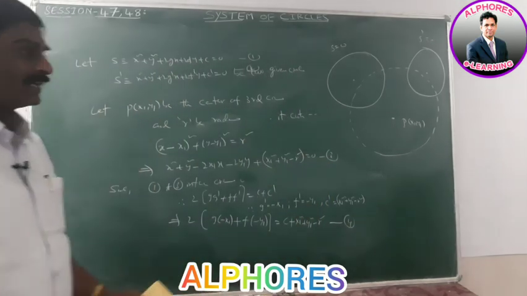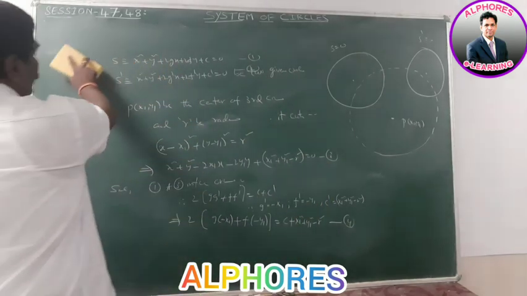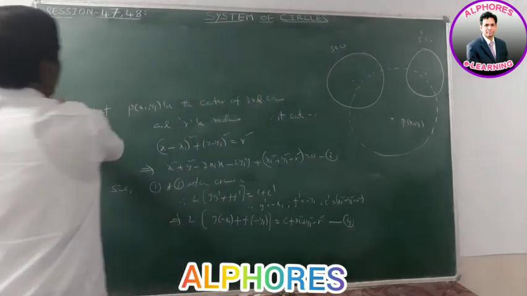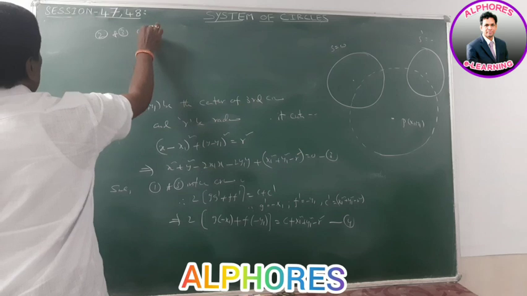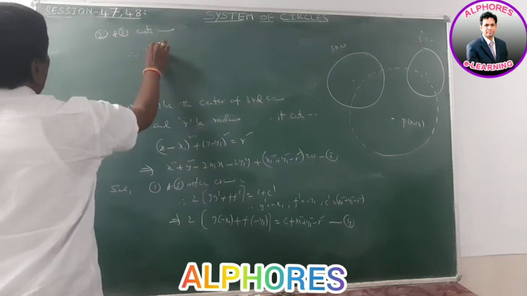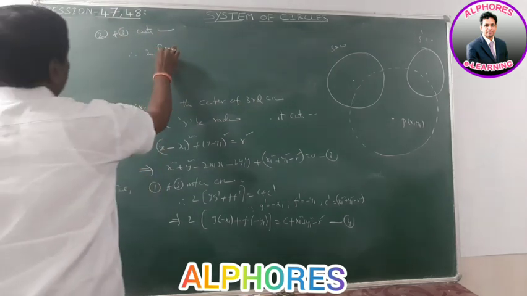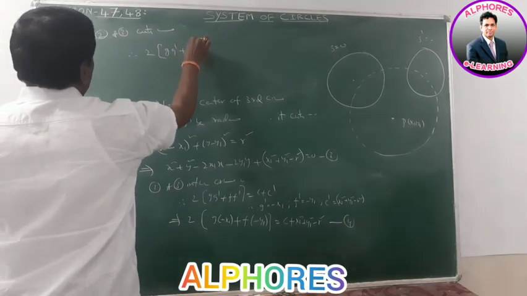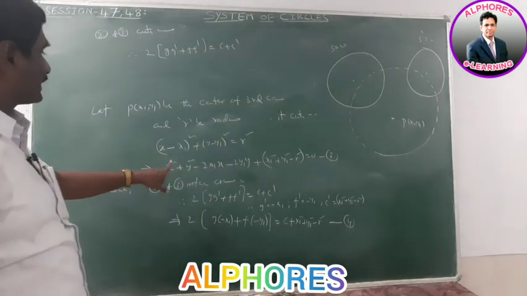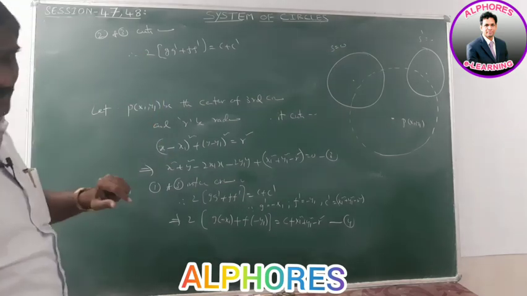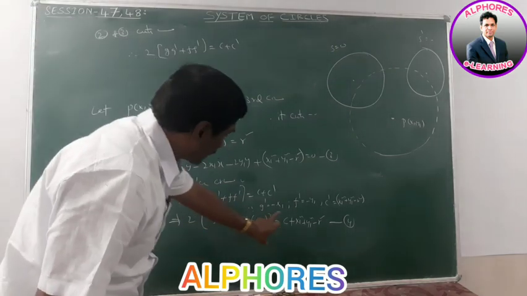Okay. Next, similarly, 2 and 3 are also intersecting orthogonally. 2 and 3 cut orthogonally. Therefore, 2(gg' + ff') = c + c'. Here the second circle has g', f', c', these values.